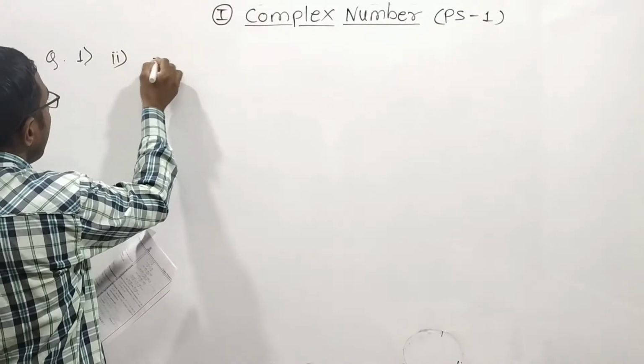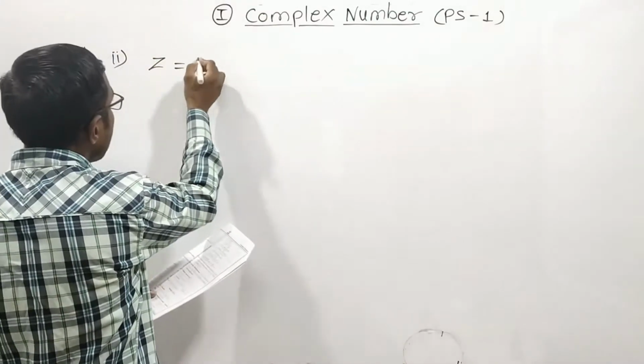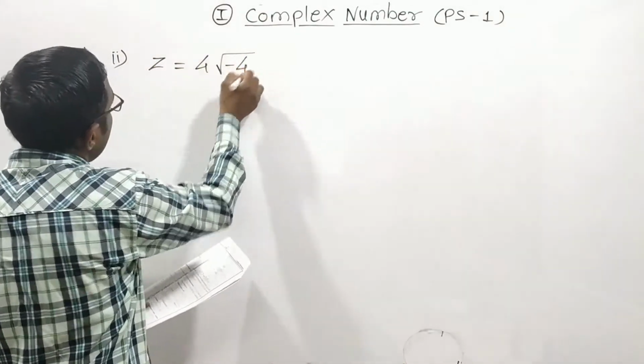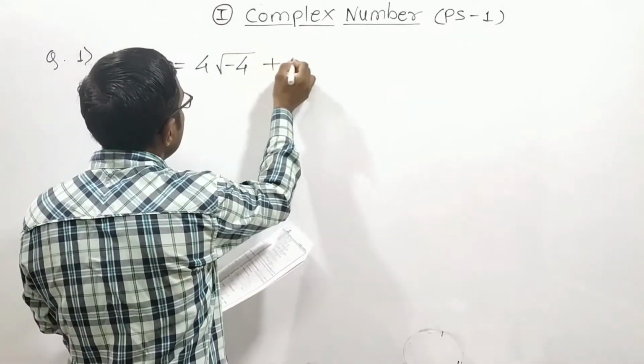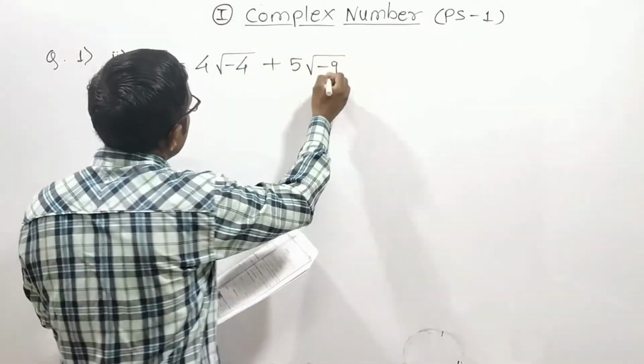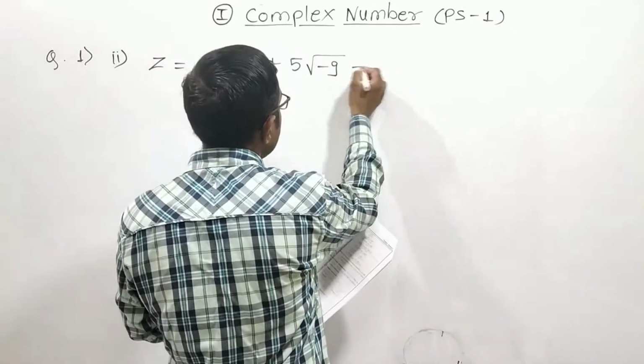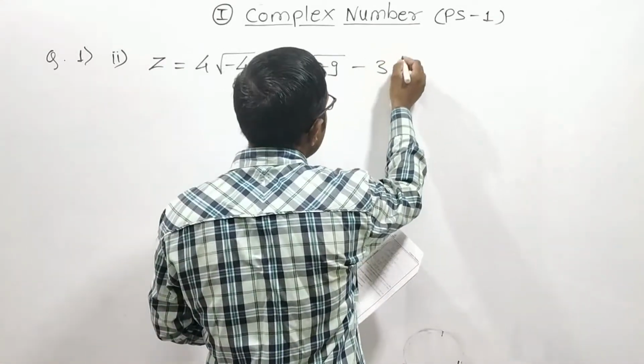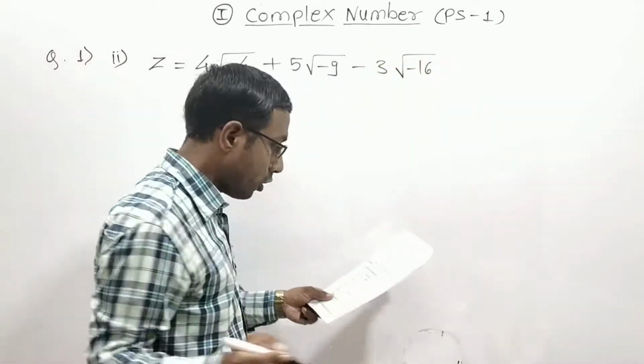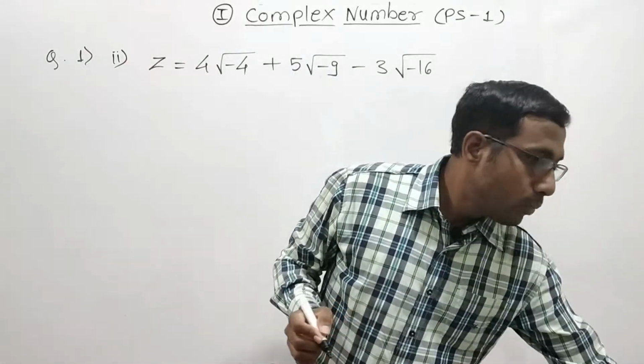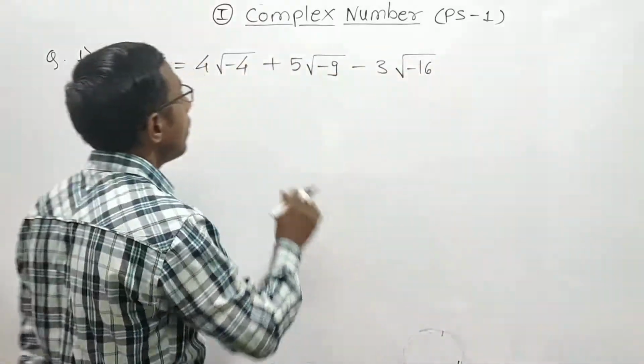Let z is equals to 4 square root of minus 4 plus 5 square root of minus 9 minus 3 square root of minus 16. Right? First of all, we have to write it in terms of the complex number.